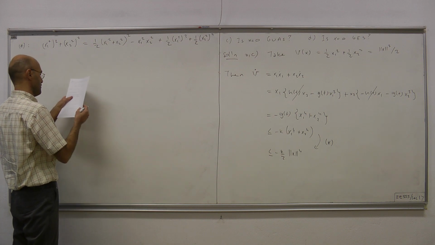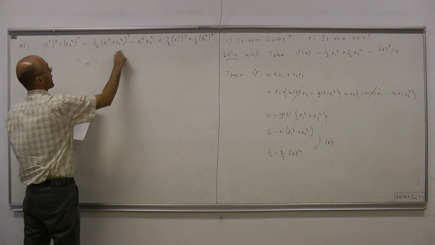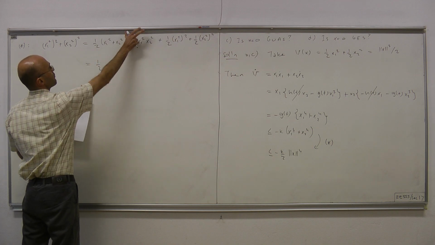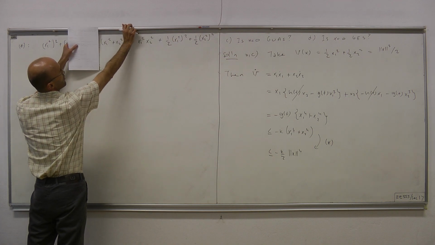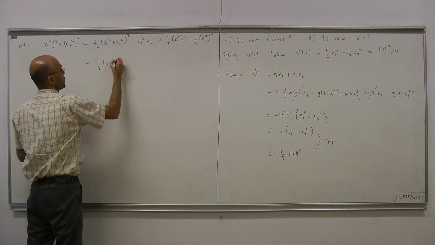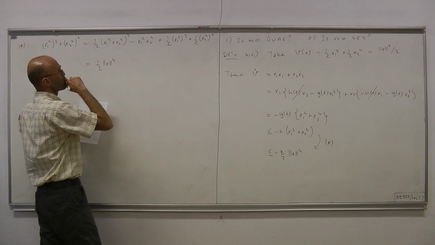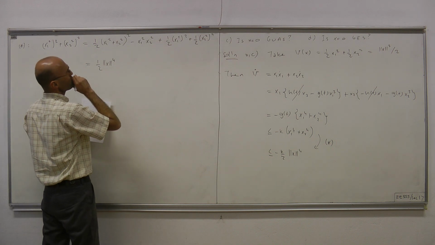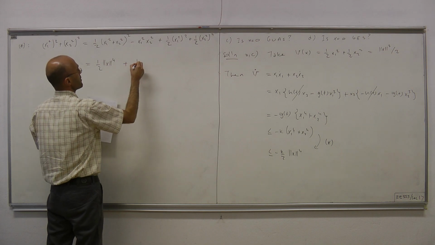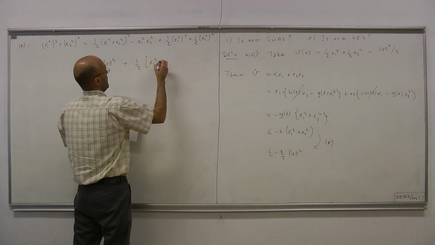The reason is as follows. This equals, okay, this is 1/2, and then this is norm square, and then we're squaring once again. So what we have is norm raised to the power 4. And that thing is what? That thing is plus 1/2 x1 square.